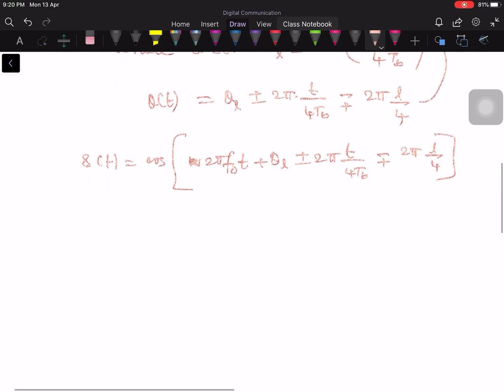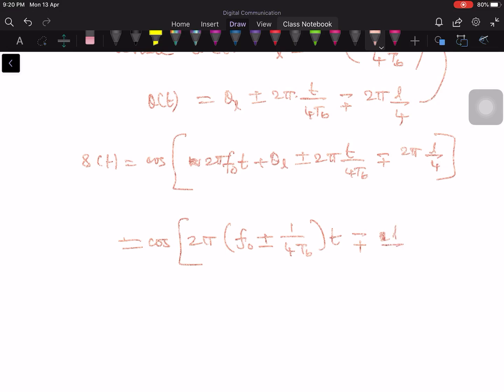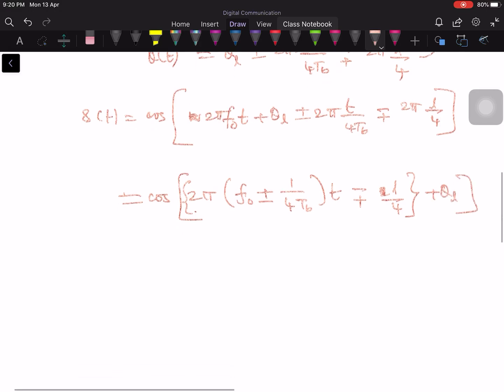Now again rewrite this equation as follows: 2 pi times f naught plus or minus 1 by 4 TB times t, then minus r plus 2 pi times L by 4, within the braces, plus theta L. I can write it like this.